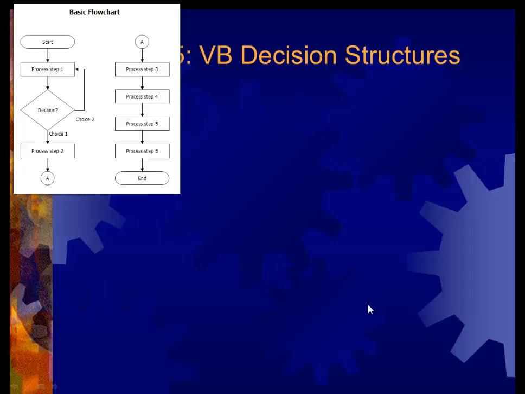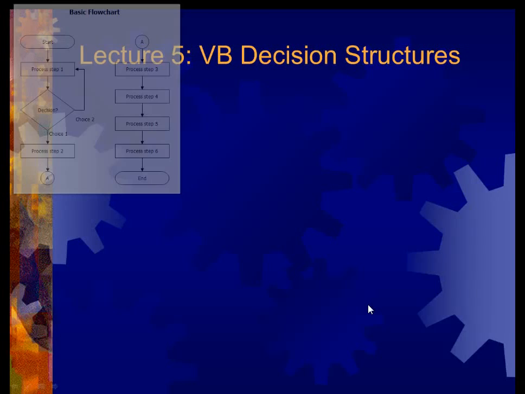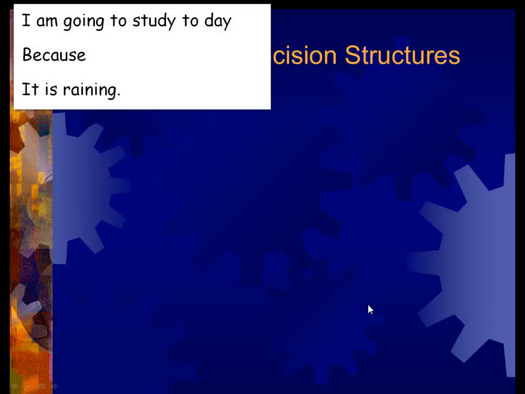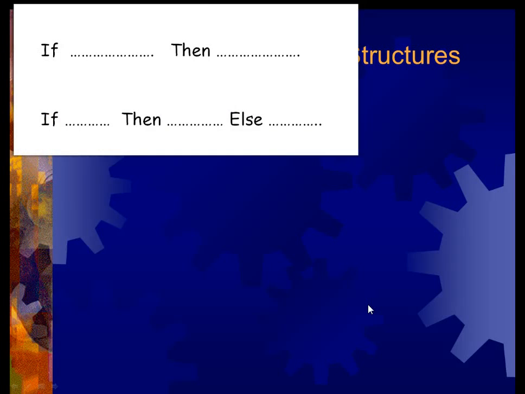A decision structure is basically what you do when you make a decision. I'm going to do this because of that. Because of a certain set of conditions, I'm going to do a certain thing. So in computer programming, we're talking about if, then, usually, or some form of that.